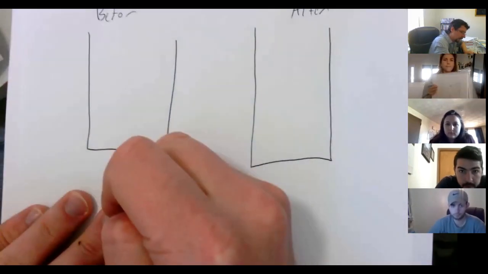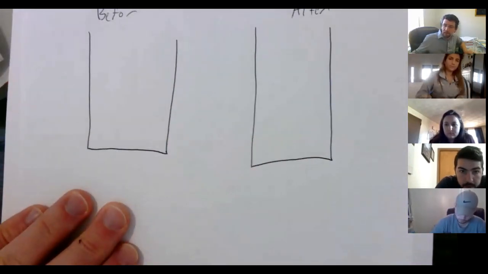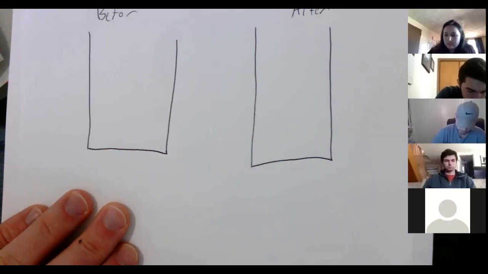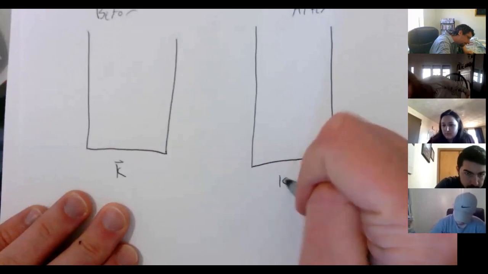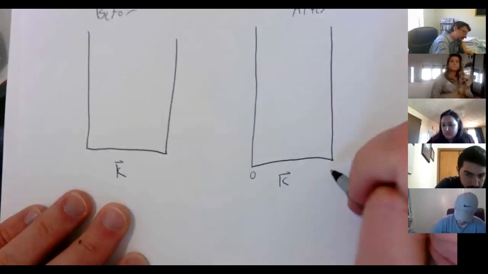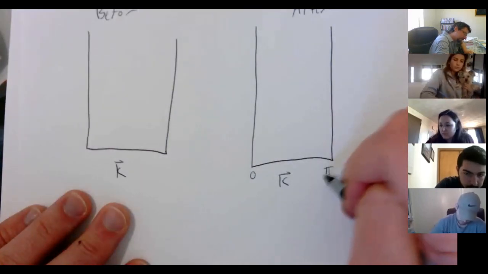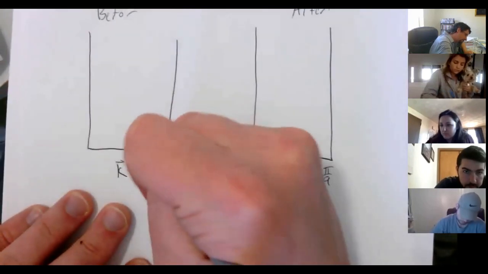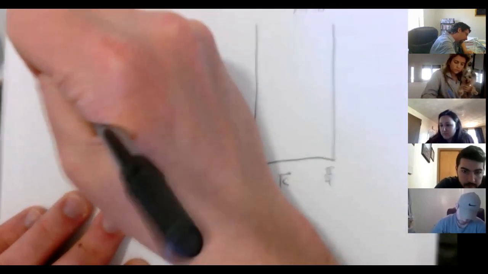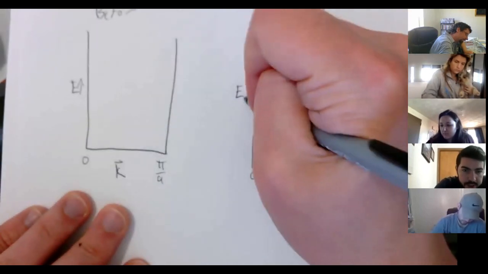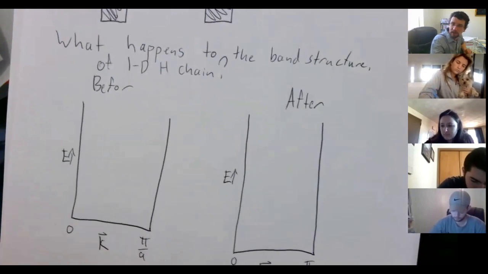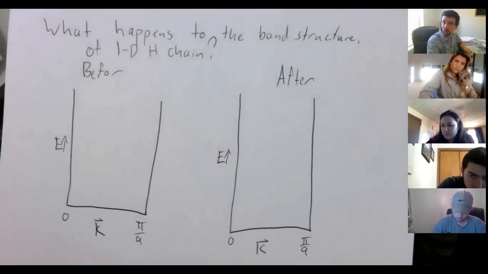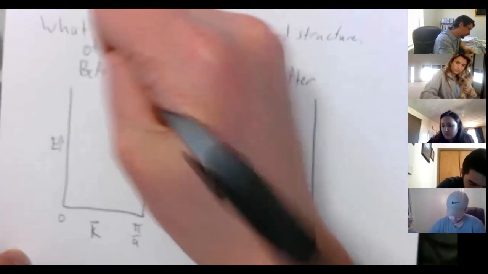Okay, what's our x-axis again? 0 to what? Power. Yeah. And we got E. Oh, what's the question again? So we want to know what happens to our band structure of the 1D hydrogen chain if we allow it to go through a Jahn-Teller distortion. We're going to draw what it looks like before.